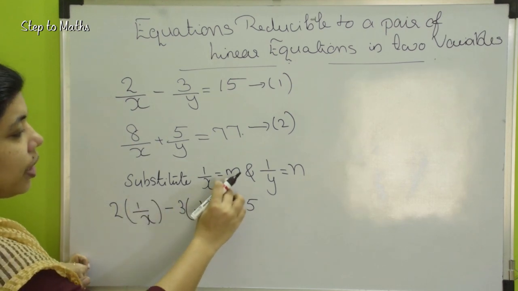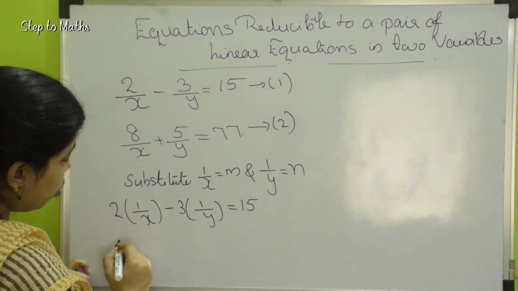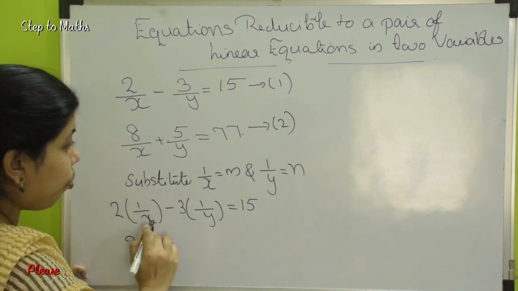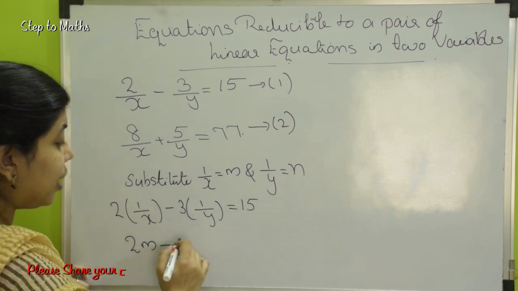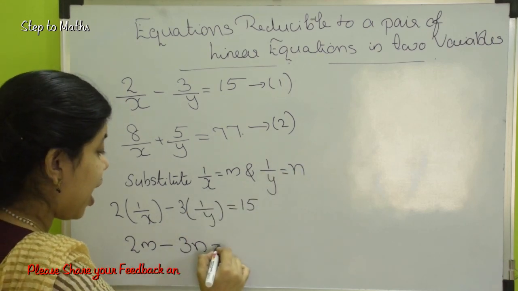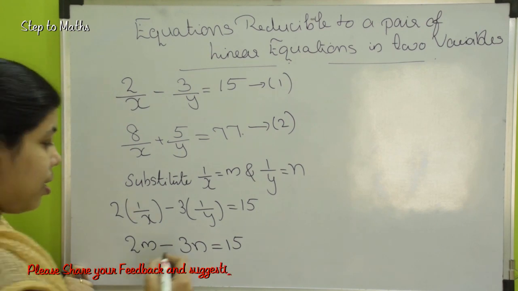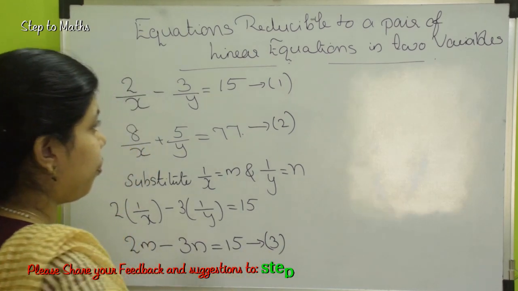With the substitution 1 upon x is equal to m, we can write this equation as 2m minus 3n is equal to 15. This we can label as equation number 3.